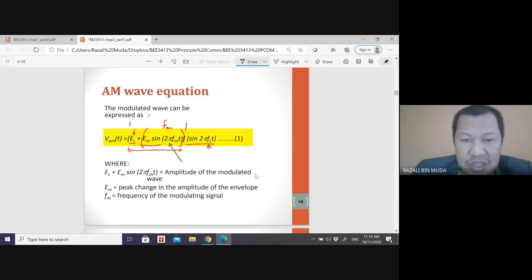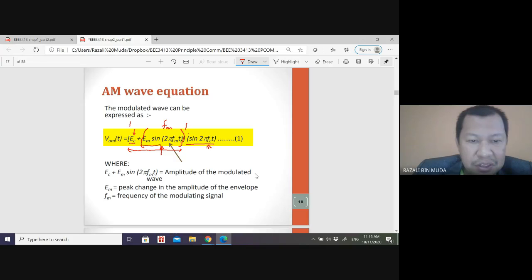So that's why you can see that the amplitude is always changing according to this information. Information dalam amplitude. The information signal comes into the amplitude, and so Em becomes the peak change in the amplitude of the envelope. So Em is the change.